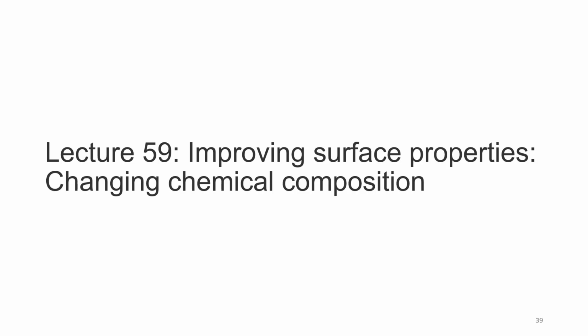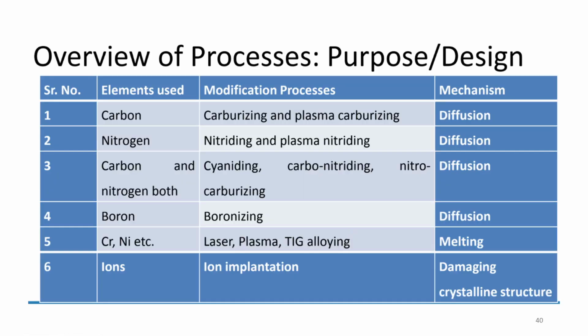Next is improving surface properties by changing chemical composition. Here is an overview of processes, purpose and design. These are various modification processes. First is carburizing and plasma carburizing. Here the element that's used is carbon and the mechanism that works is diffusion.